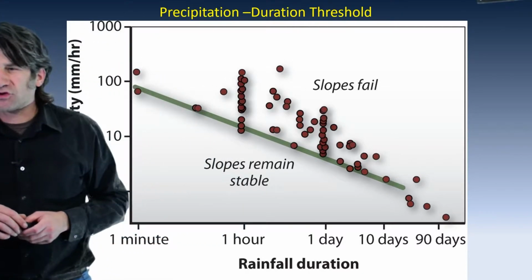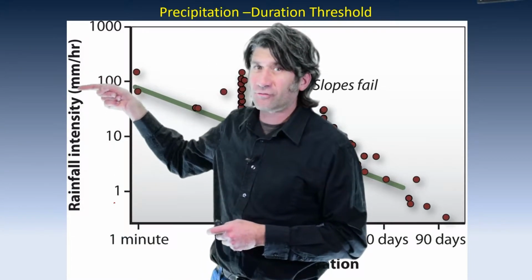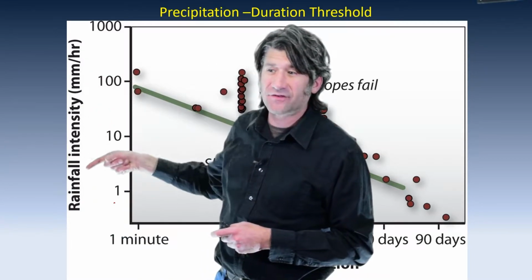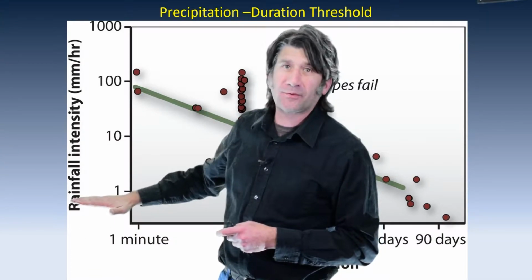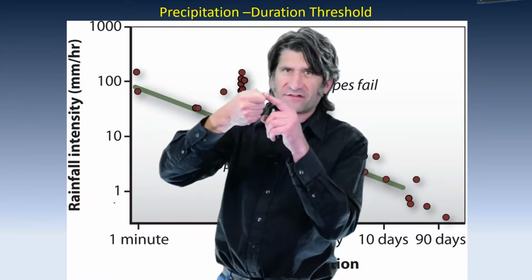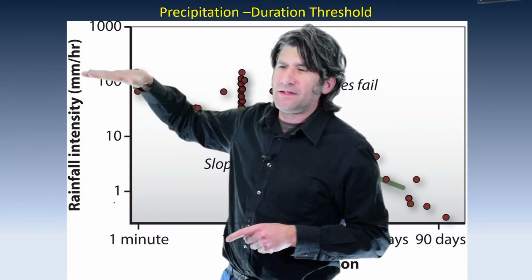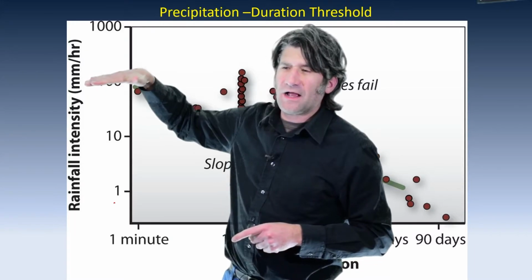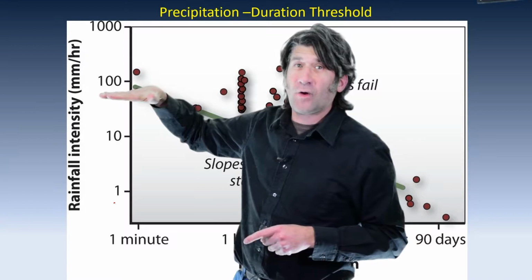So what am I talking about here? Here's what this threshold would look like. In this case, we're going to talk about rainfall intensity. Here's rainfall intensity on our y-axis, from not particularly intensive rainfall, a millimeter per hour of rain, so the thickness of your thumbnail every hour, all the way up to maybe 100 millimeters per hour. That would be a very, very high rate. So that's our y-axis here.